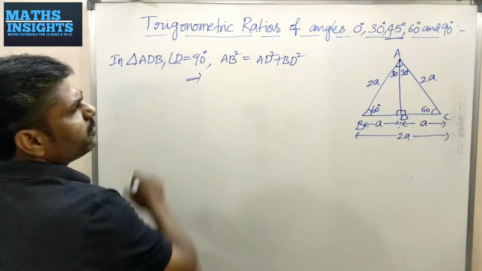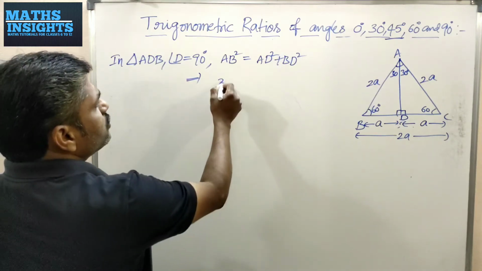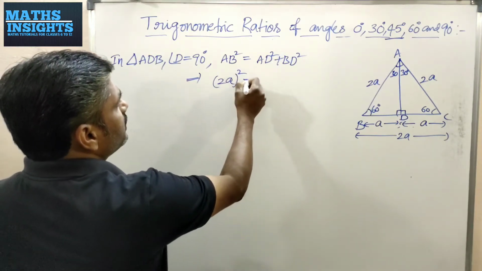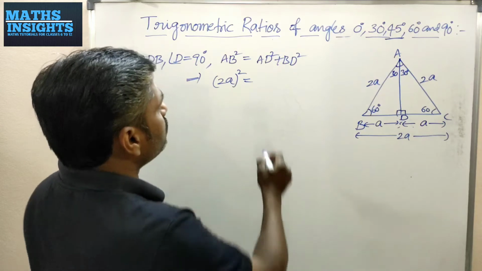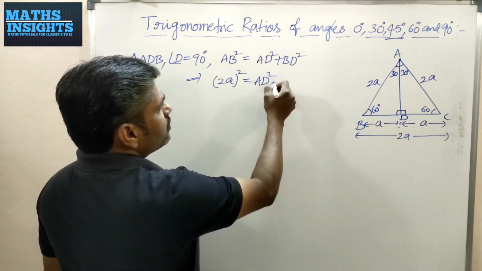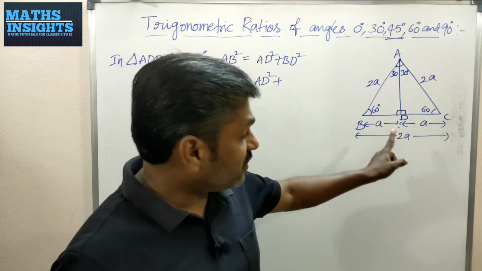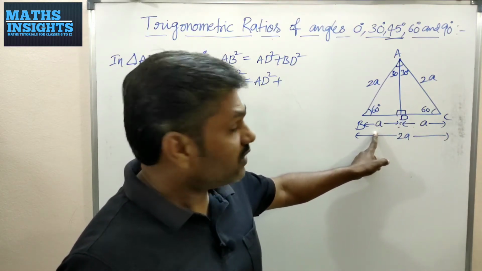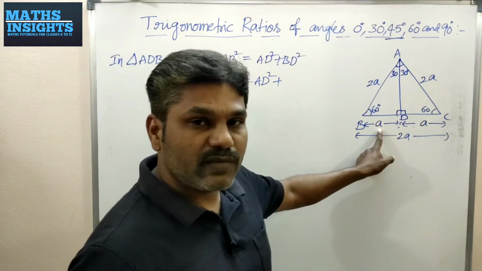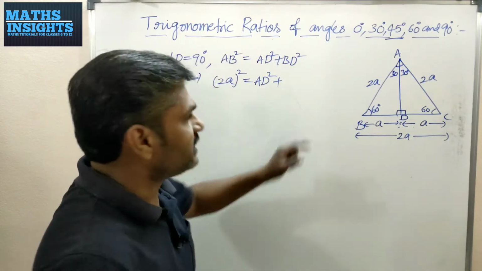You know the AB value. AB is 2a, whole square, that is equal to AD square plus BD square. BD is nothing but a units only. That's why I am taking it here. If you take 2a, half will become a. It will become very easy here.